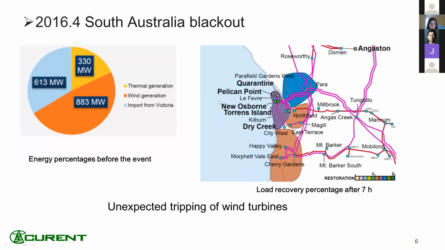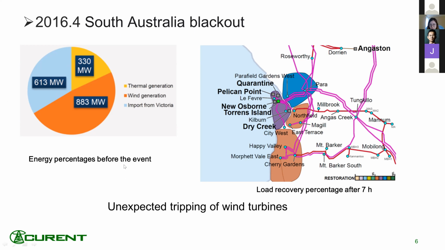Okay, so in 2016, renewable energy actually became a main reason that led to the blackout event in the South Australia system. You can see that before the event, the wind generation in this region had almost reached 15% of the whole energy. So this became a very important part of the power supply.